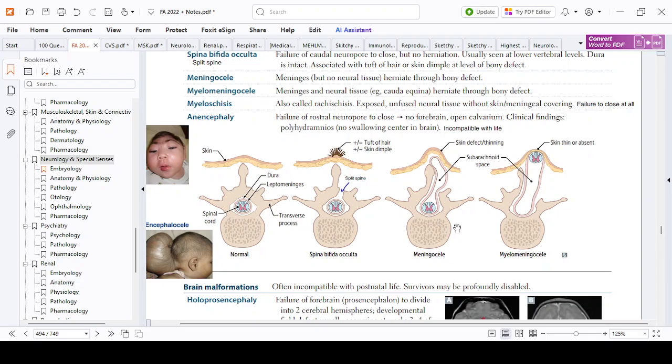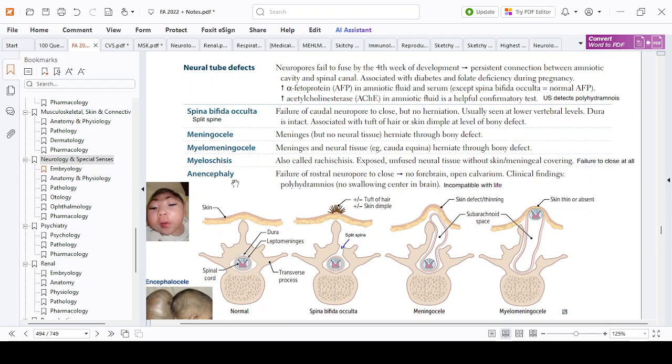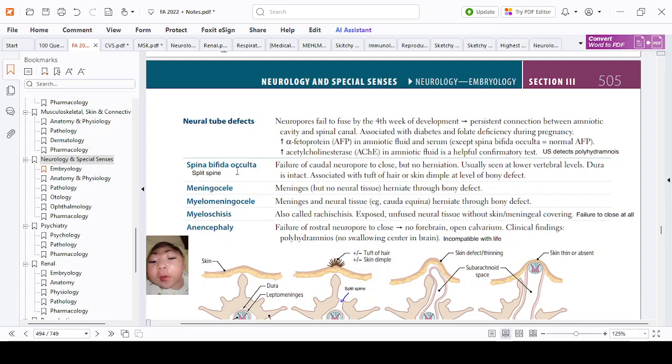If you look at this, let's read what this actually means. Spina bifida occulta: failure of the caudal neuropore to close but no herniation, usually seen at the lower vertebral level. Dura is intact, associated with a tuft of hair or skin dimple at the level of the bony defect. Meningocoele is basically the meninges herniating through the bony defect.